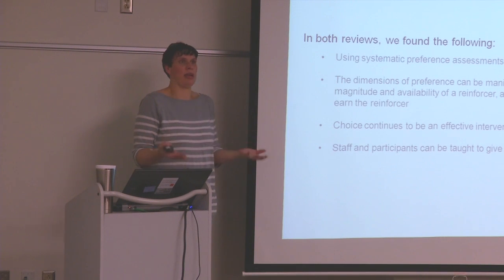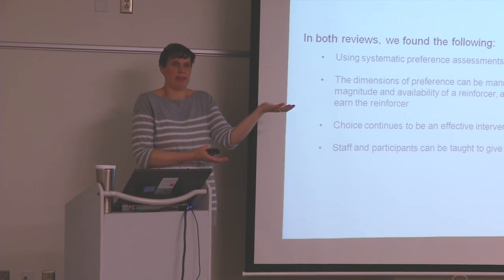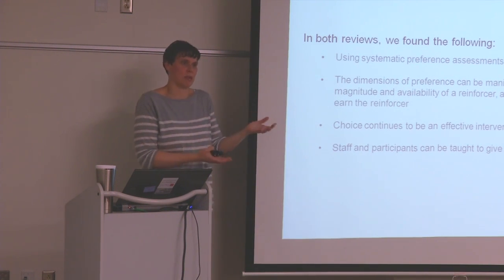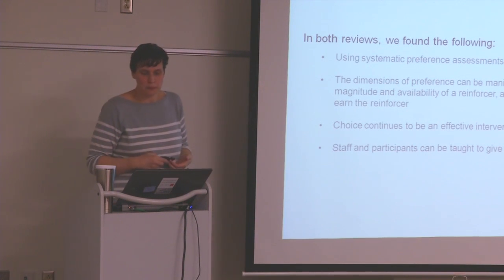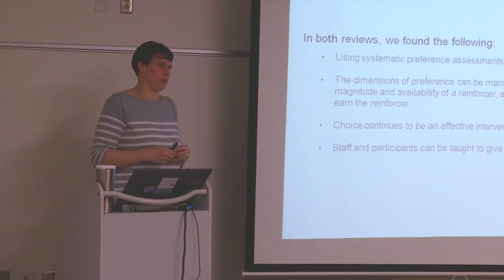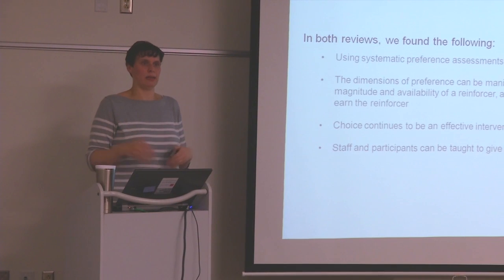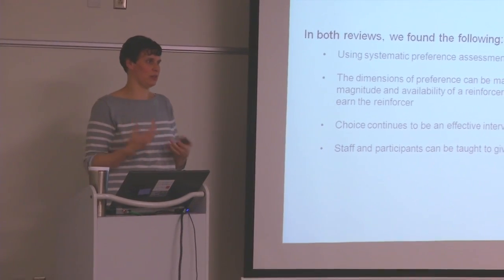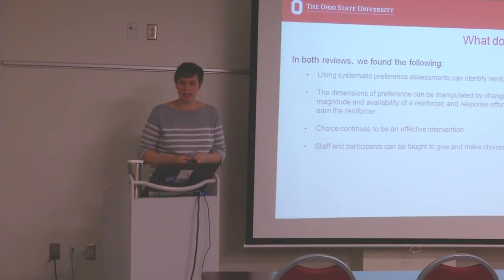Oh, I don't have to hit you to tell you that I want that thing because you've given me the choice. You've given me an opportunity. And that, shock of all shocks, staff and participants can be taught to make and provide choices, right? So we're going on with that. This is good.